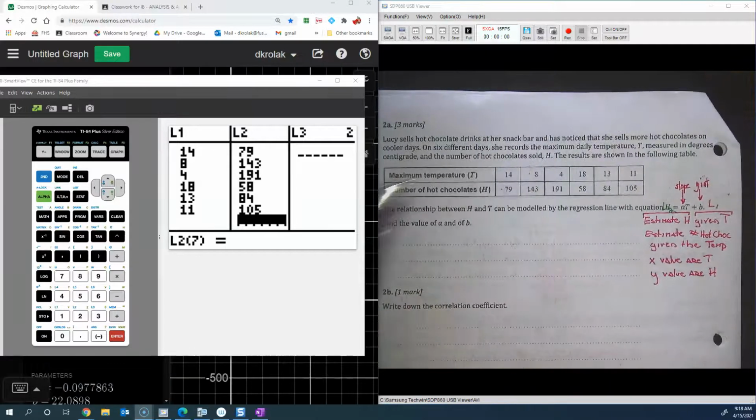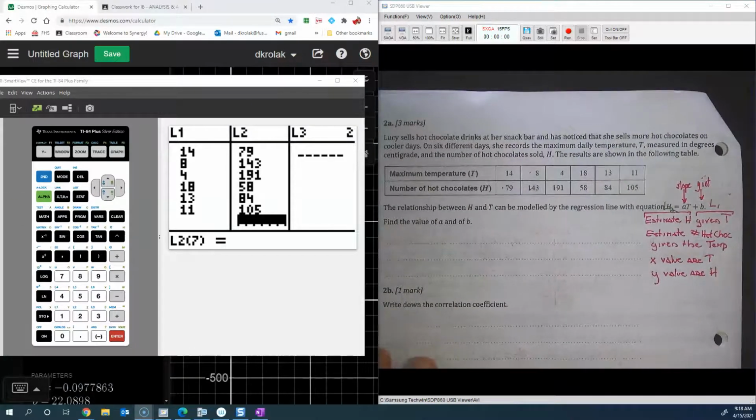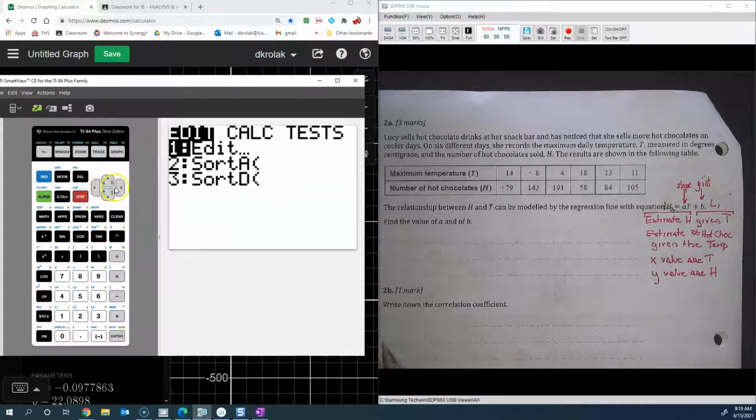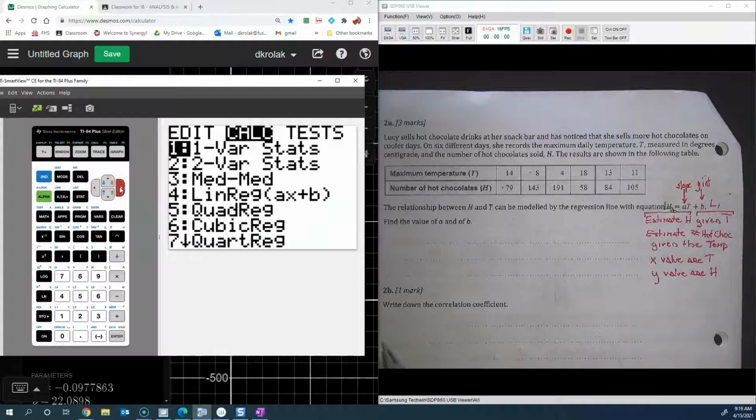Okay, so up here I already put those in. In L1 I made my first list, the temperature, and in L2 the number of hot chocolates. So now to get my regression line: stat, calc, linear regression.